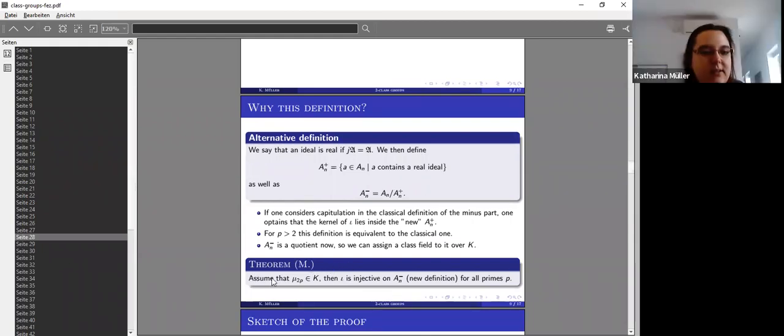So here. And I think you can weaken this assumption that mu2p has to be in K, but I'm not sure whether you might need some other assumption on the Hasse index in that case. I have to double check, but I'm sure that you can definitely extend this theorem at least a little bit.